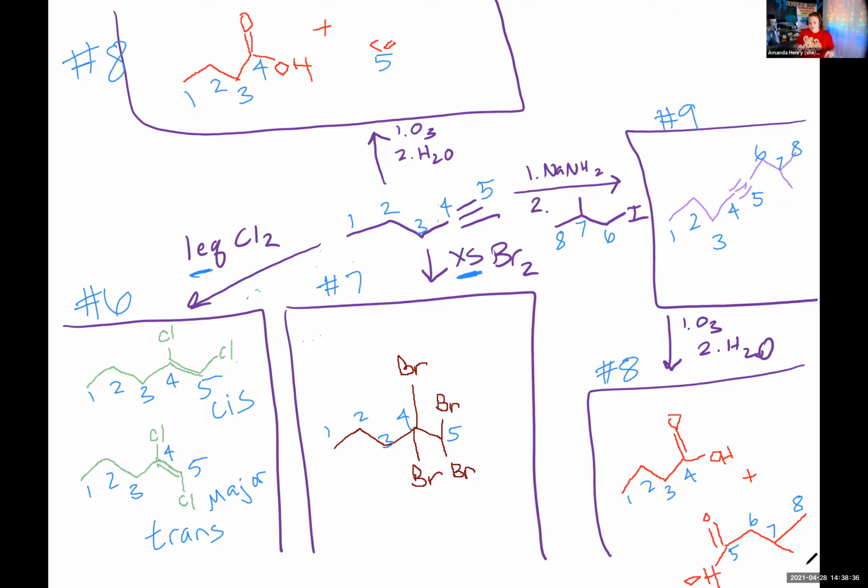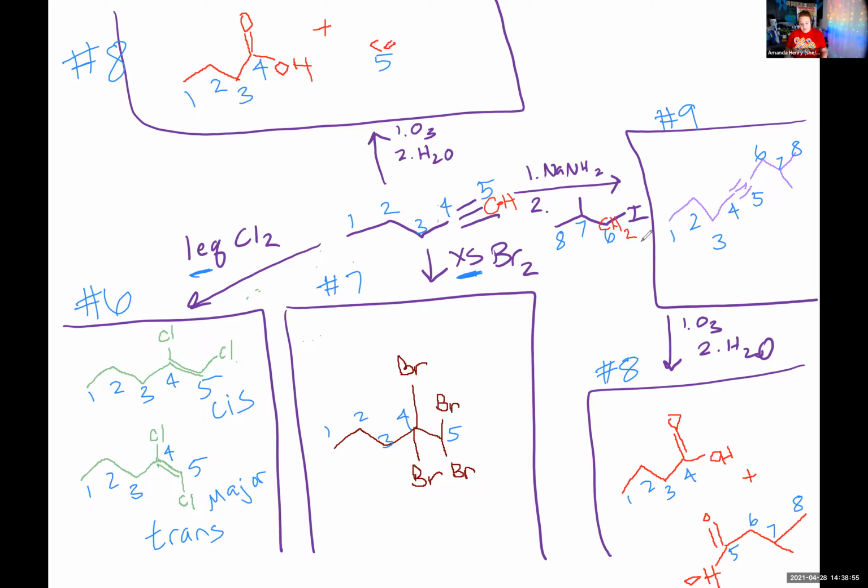Could you explain reaction number 9 again, please? Yeah, so in reaction number 9, we're going to form a new bond between carbon number 5, so that carbon on the end, and the carbon that's attached to our halogen.